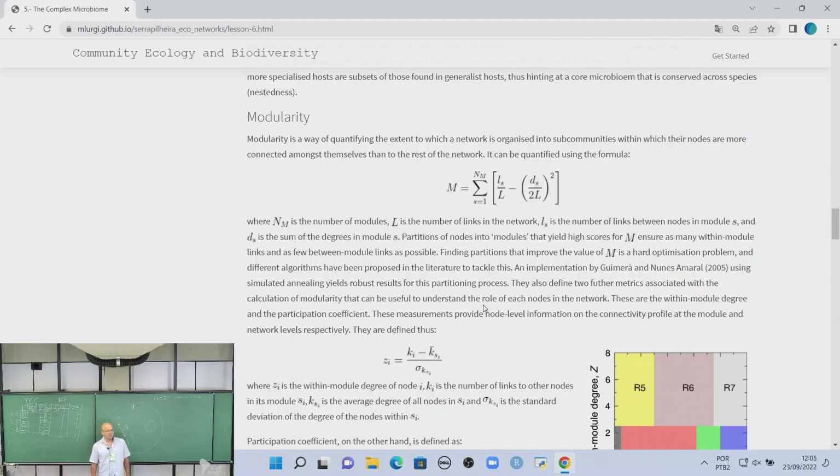Basically, modularity analysis tries to identify or partition your graph into subsets of nodes in which the connections between the nodes in each compartment are denser than the connections to other modules in the network.